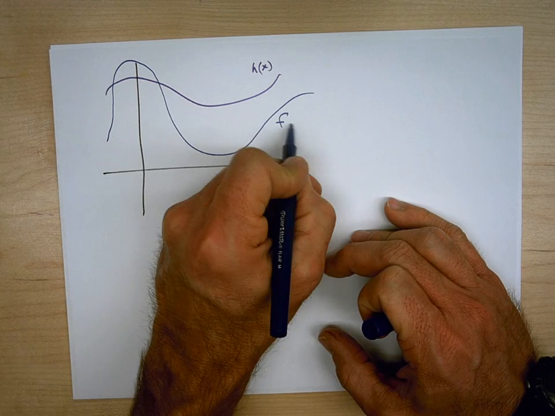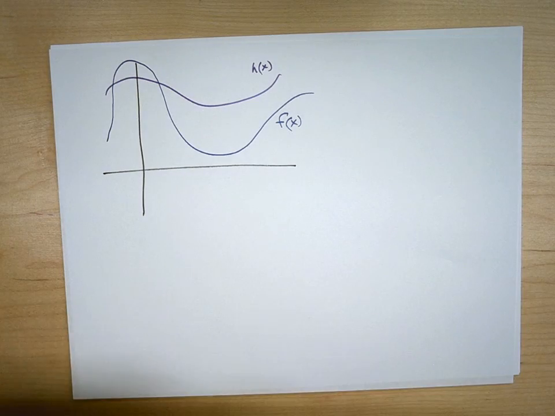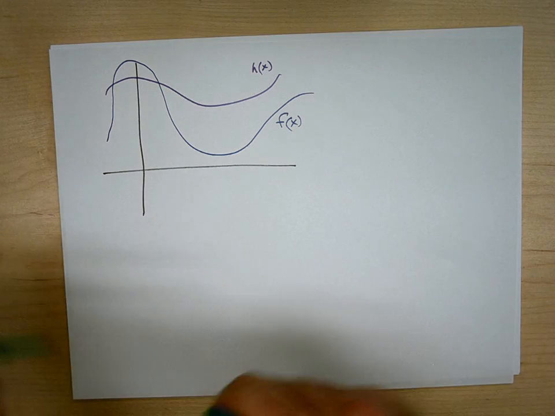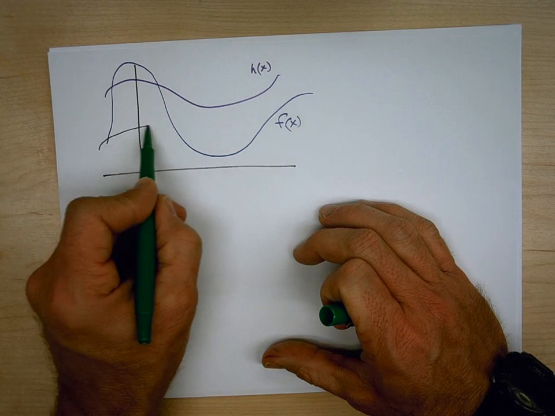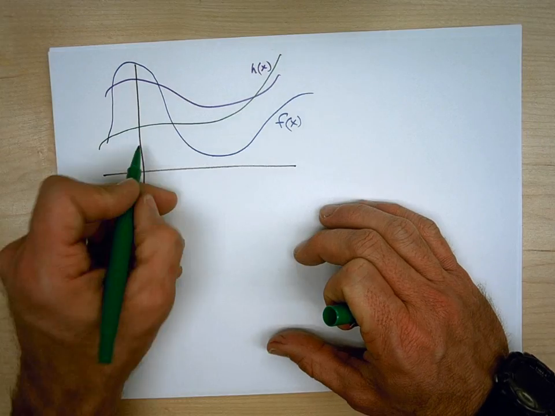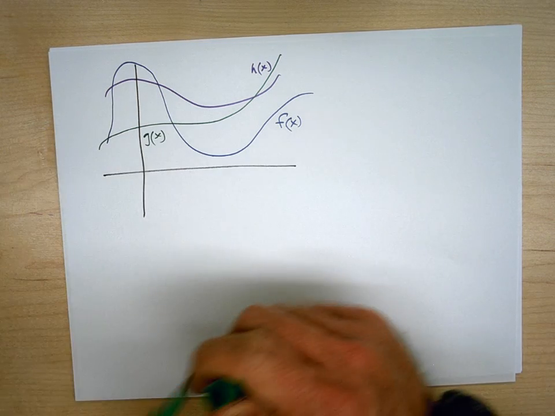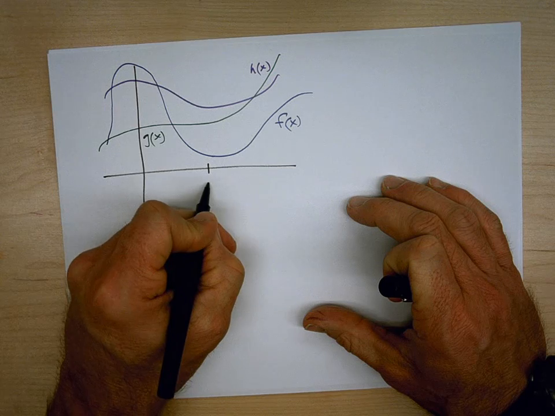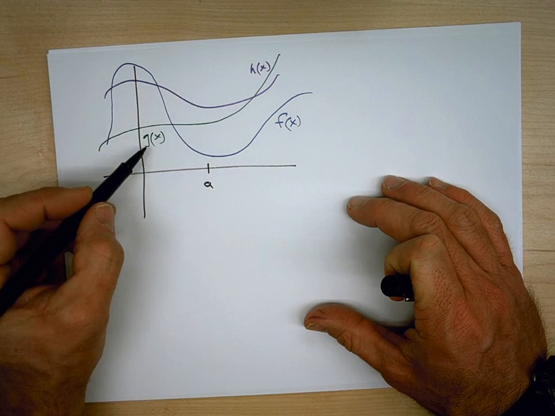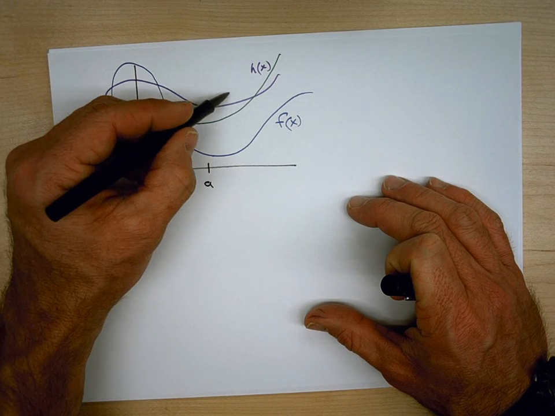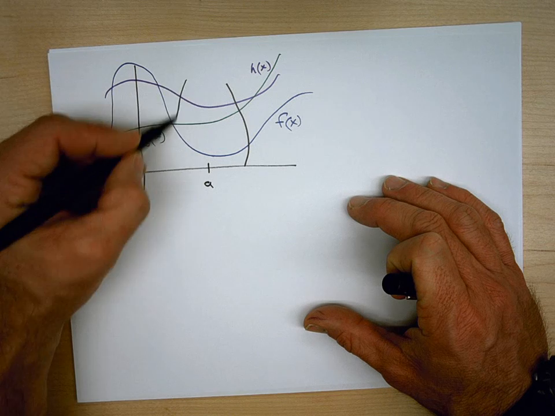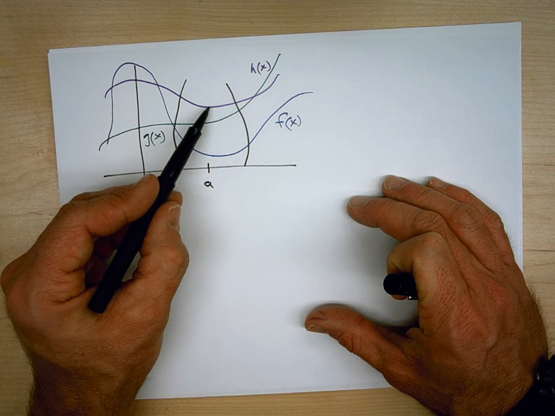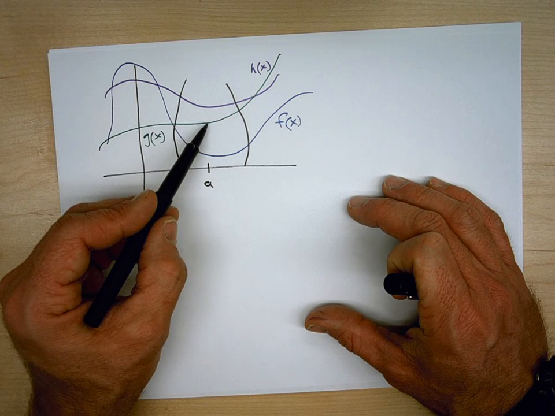So there's F, and G was our green one, so maybe G does something like this. Call that G. Part of the reason I'm drawing it like this is that I want to emphasize that they might switch outside of, but in this area, let's say in here, notice H is greater than or equal to G, which is greater than or equal to F.